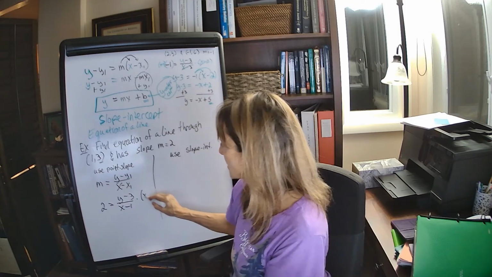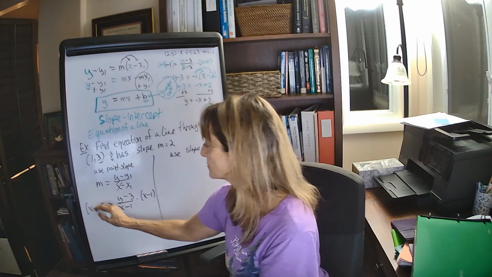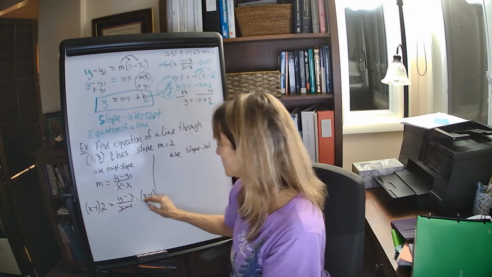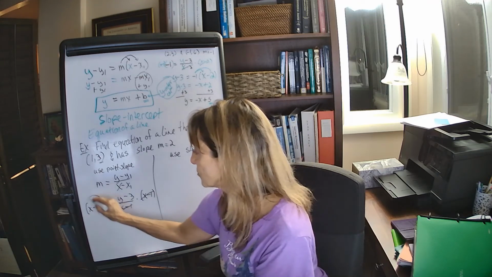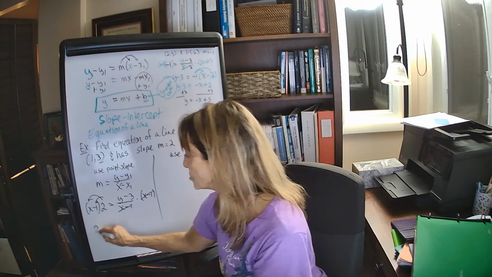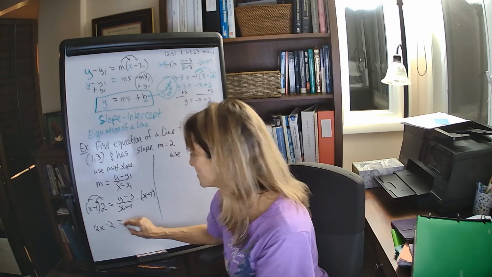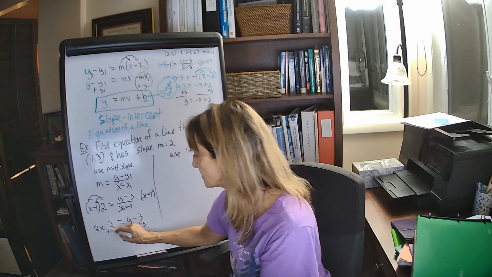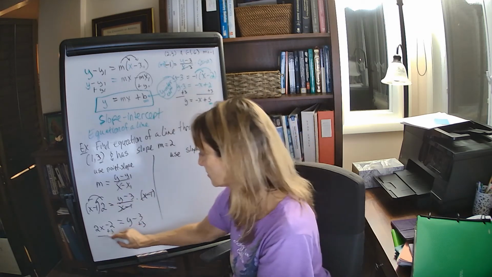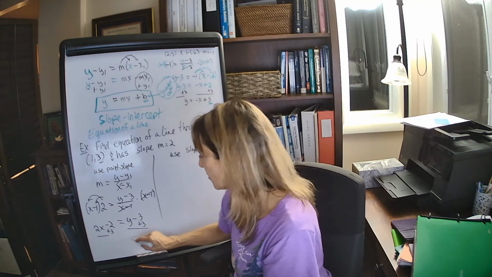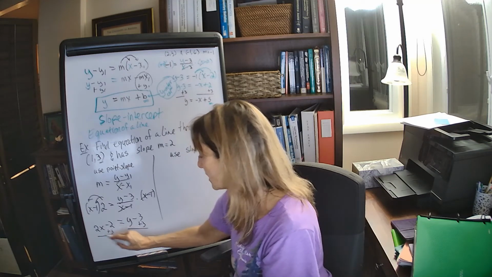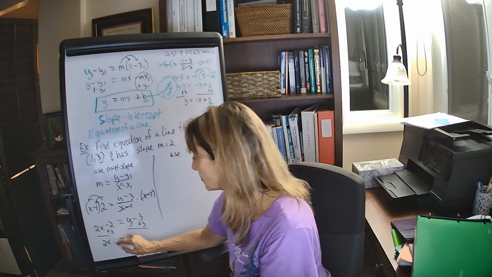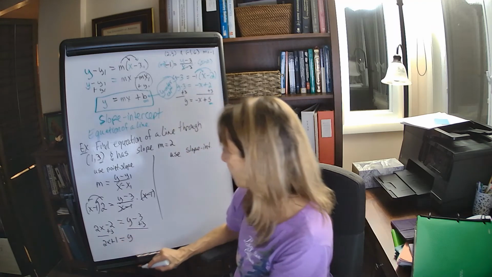Multiply both sides by x minus 1. And distributing this 2 here, we get 2x minus 2 is equal to y minus 3, and we can add 3 to both sides. I can rewrite it the other way and get y equals 2x plus 1 here.